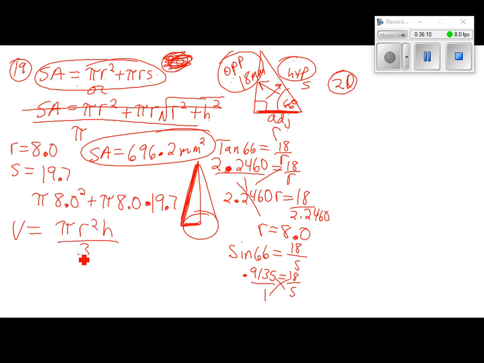That might be easier. We've got pi times our radius was 8.0 squared times the height. They told us the height, and the height was 18 millimeters. So times 18, that's this height, that's not the slant height. Divided by 3, punch all that into your calculator.